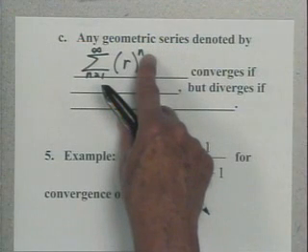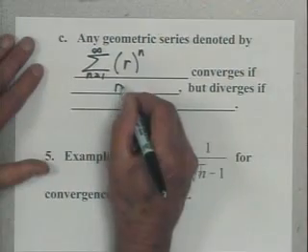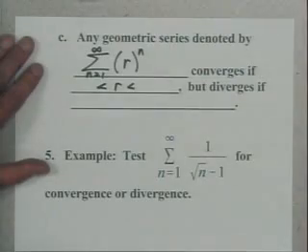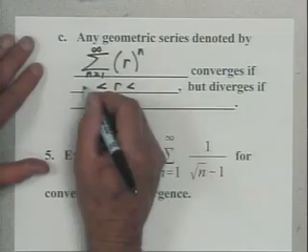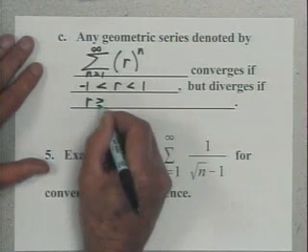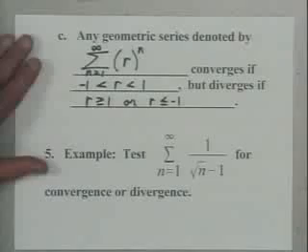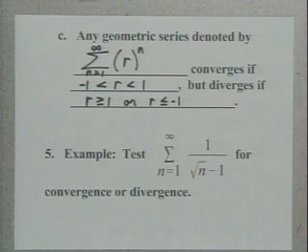It can be n minus 1, n plus 7, just so there's an n up there. Well, this converges if r is between negative 1 and 1. But it diverges if r is greater than or equal to 1 or if r is less than or equal to minus 1.